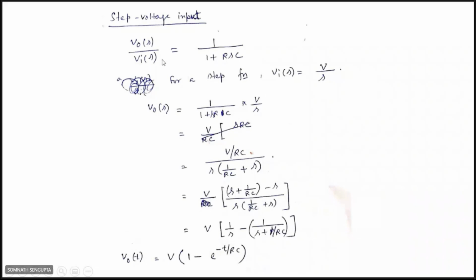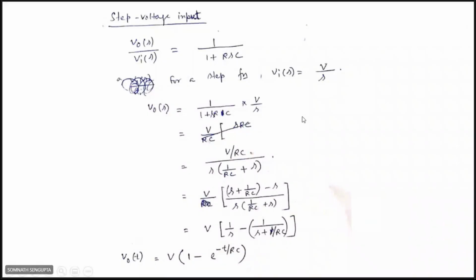Finally we get the output voltage V0(t) equal to V into 1 minus e to the power minus t by RC.